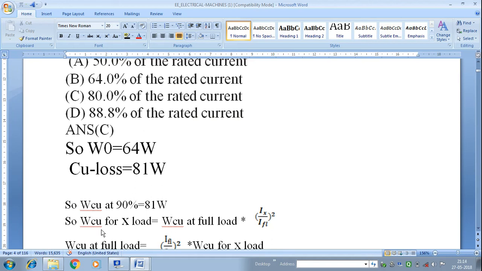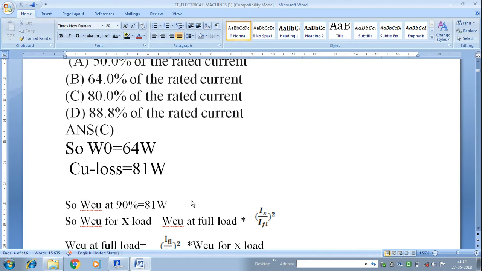So we now will find out what is the copper loss at any load, that is your X load. This is very important. So iron loss is always constant. In a transformer, the core loss or iron loss is independent of load condition.